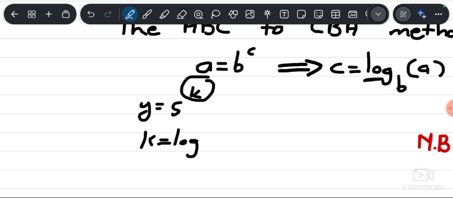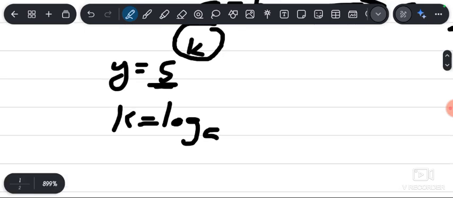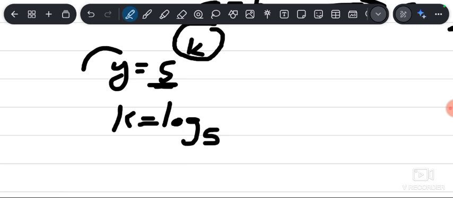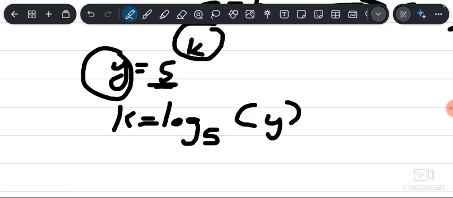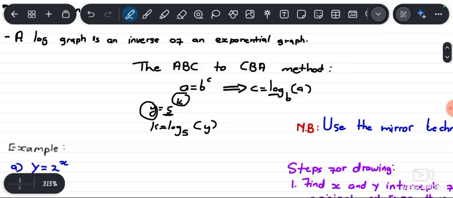The base must be the one that is carrying who? The exponent, in this case, is 5. Then in the bracket you put what was initially equal to the base, which is just y. I know it is uncomfortable for now because maybe you've just started, but you'll get used to it.